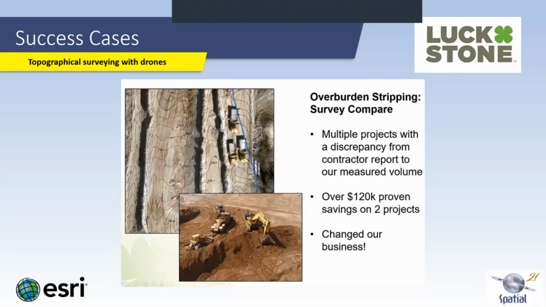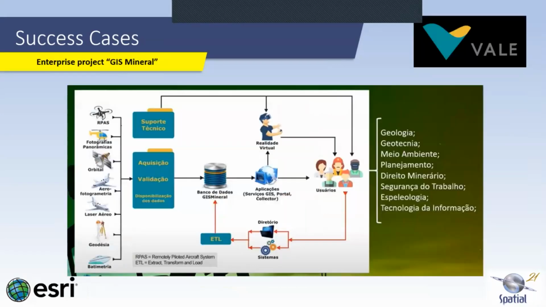So there they saw where they were losing big time as a result of doing things manually. There was a big change in the way they do business, and this is through using the ArcGIS platform.